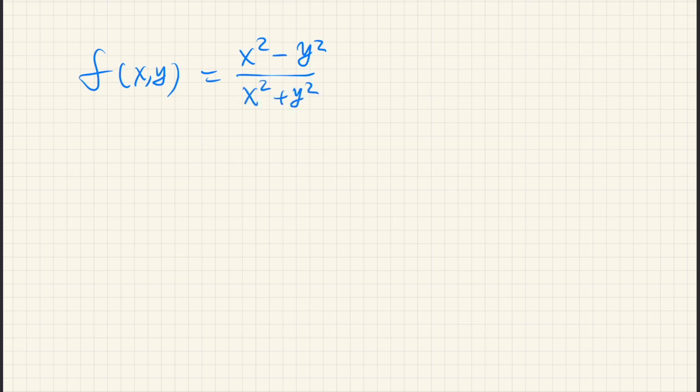Here is the next example. Consider this function, f of xy equals x squared minus y squared over x squared plus y squared, and consider the limit when xy approaches 0, 0, the origin. Okay, at the origin, both numerator and denominator are 0, so it's clearly undefined.